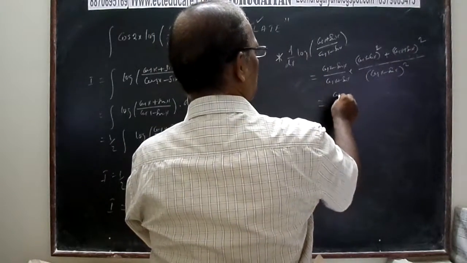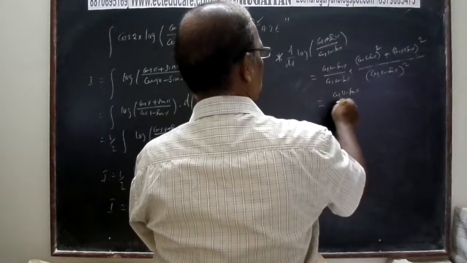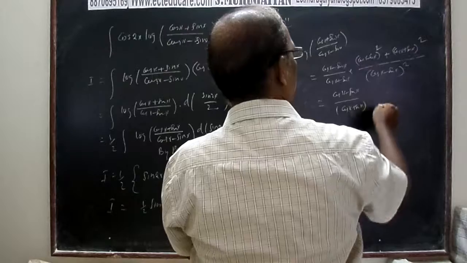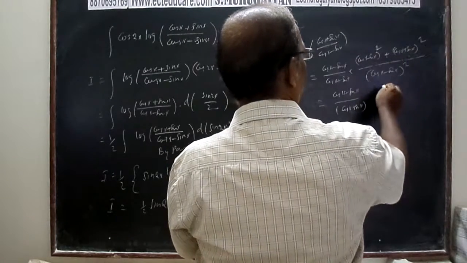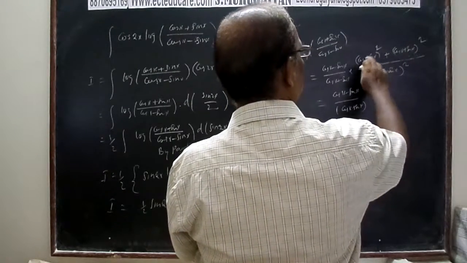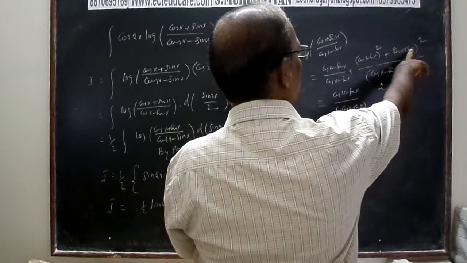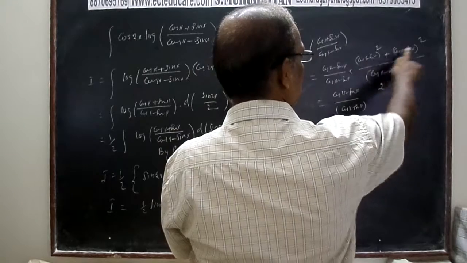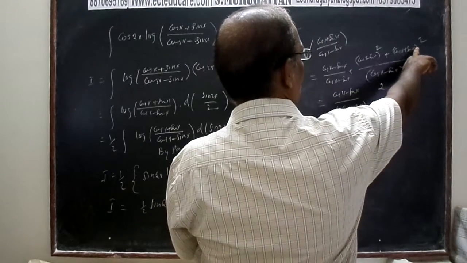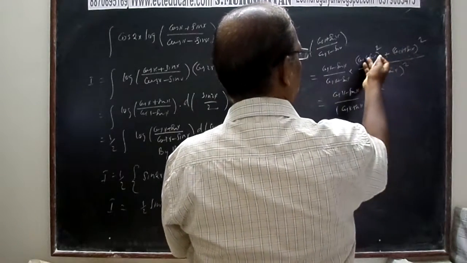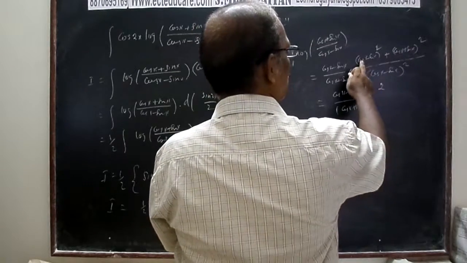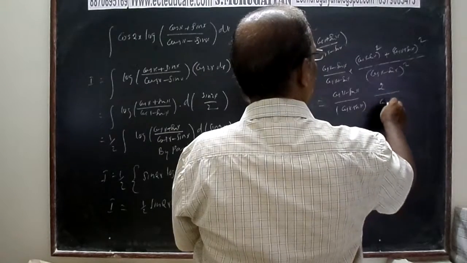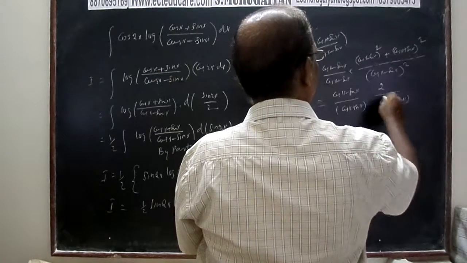We simplify (cos x minus sin x) by (cos x plus sin x). After simplification, the middle terms, minus 2 sin x cos x and plus 2 sin x cos x, cancel. Then 2 times cos square x and 2 times sin square x, overall 2 by (cos x minus sin x) the whole square.